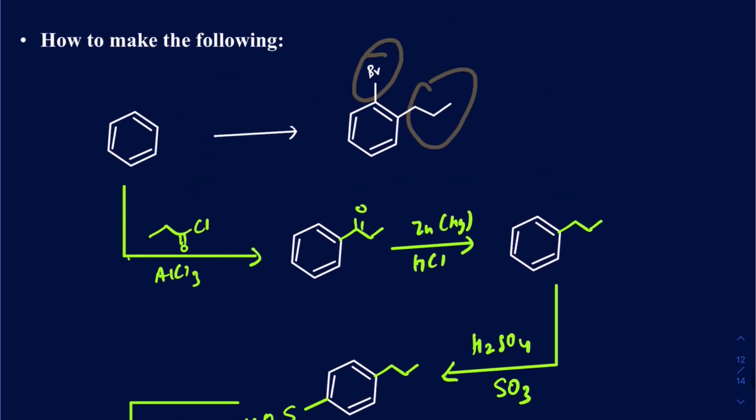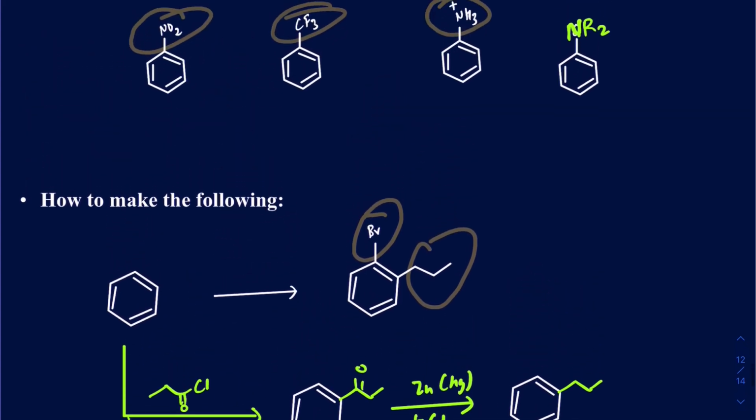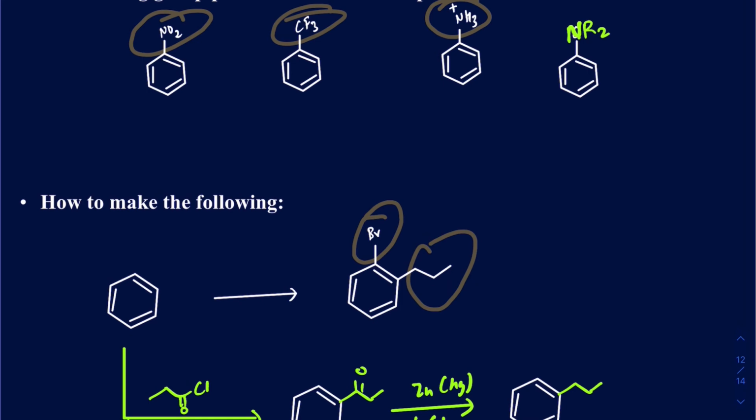You could try to install the bromine first and then block it. Let me see if I can just draw it right there. So let's say the first step would be Br2 with FeBr3.